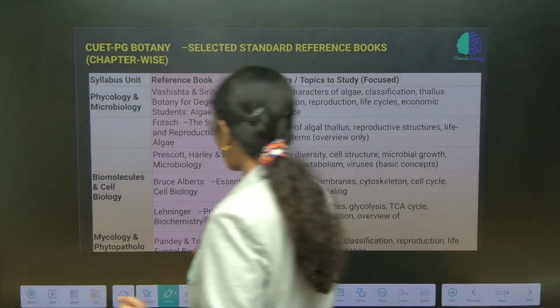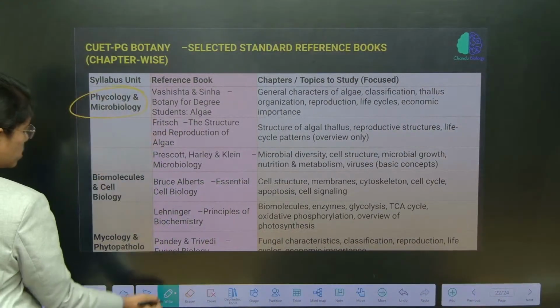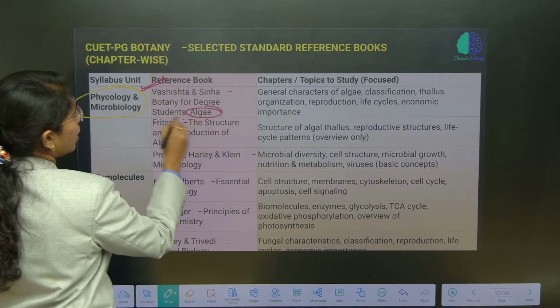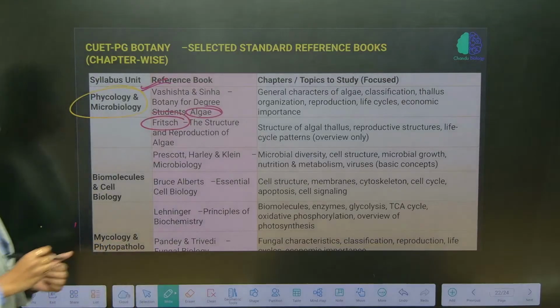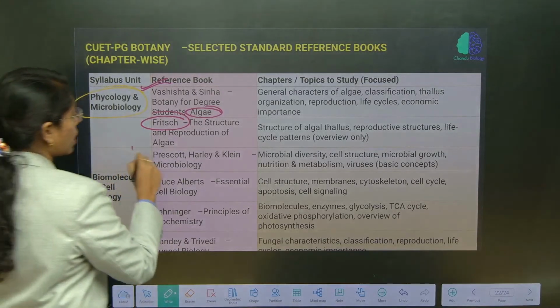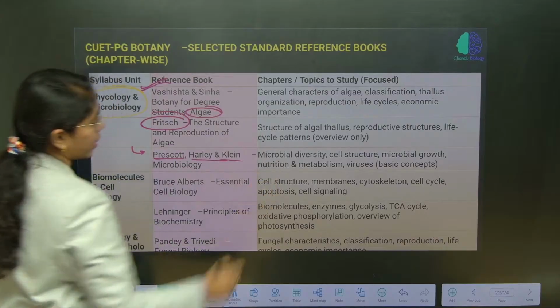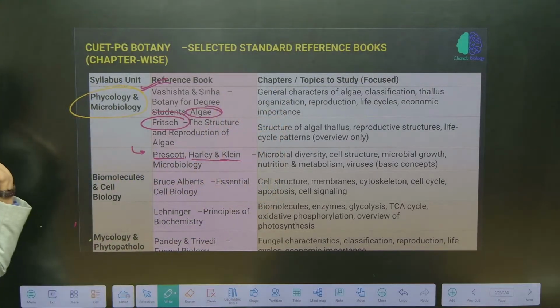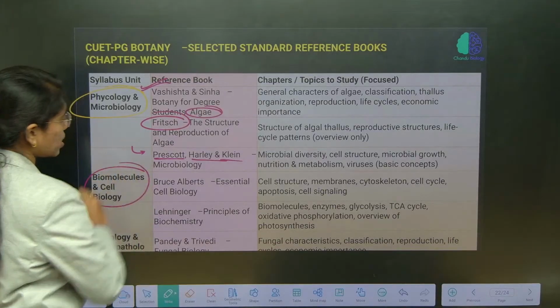First is for phycology and microbiology. It is a standard book, Vasishta and Sinha for algae, Fritsch, The Structure and Development of Algae. These are the books. For microbiology, you can go through Prescott, Harley and Klein. Fine. And these are the concepts which are covered in these books. Fine, right? Next, biomolecules and cell biology.